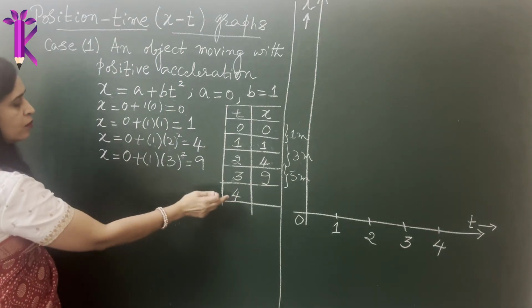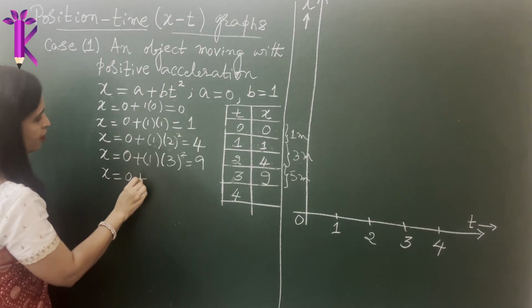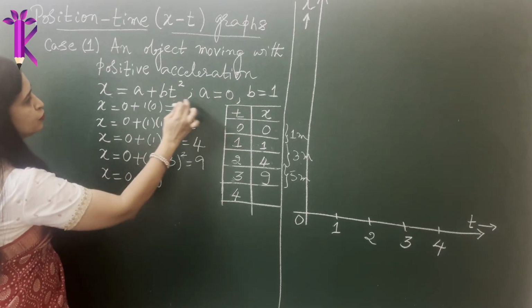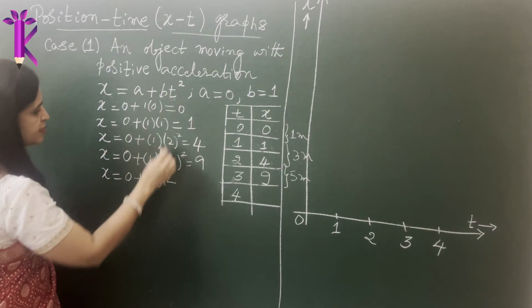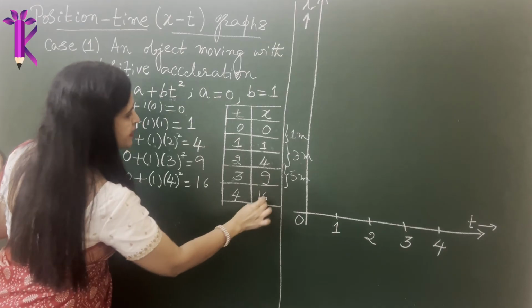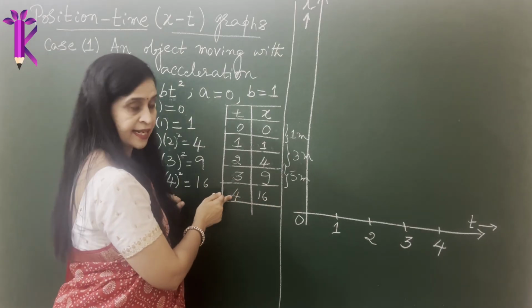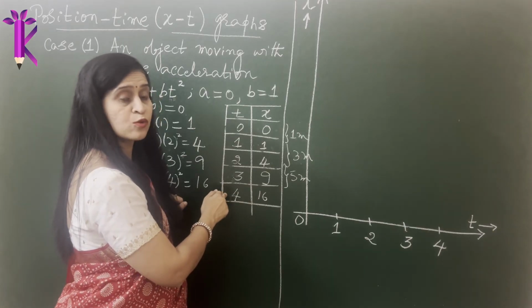Okay. Now, when t equals 4, x equals 0 plus 1 into 4 square, because we have t square. 4 square is 16, so this will be 16. So for the same 1 second jump from 3 to 4 seconds, the difference of time is 1 second.